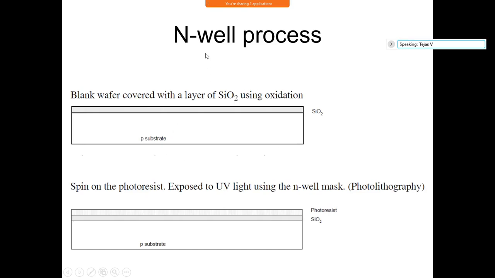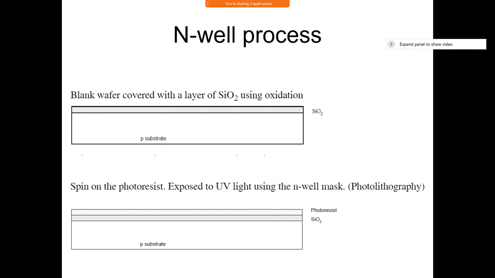Okay. Now since it is N-well process, we are taking a P substrate. Done? Now you can see what is the first process? Blank wafer covered with a layer of SiO2 using oxidation. Can you understand that statement and the cross-sectional view?